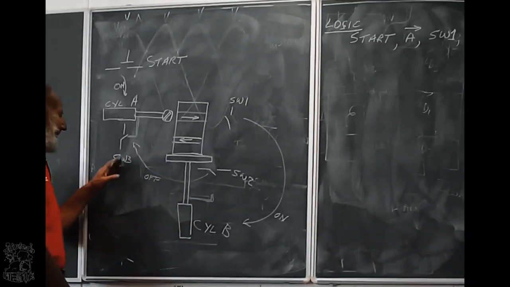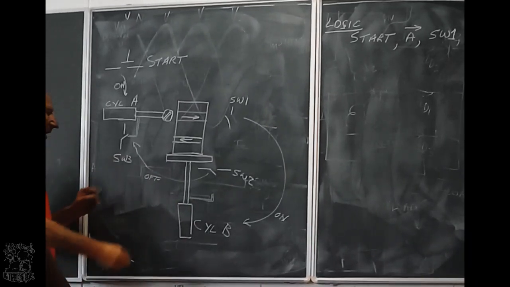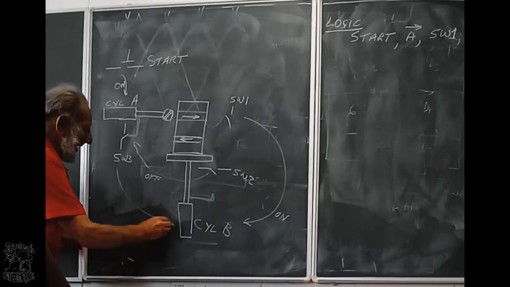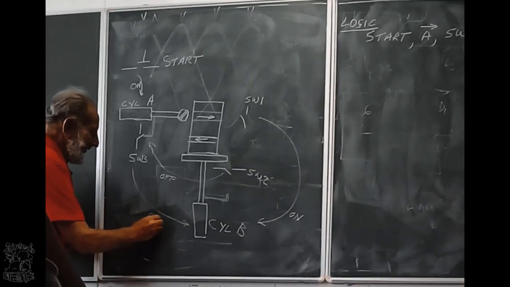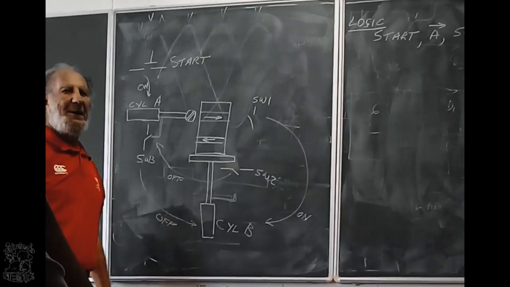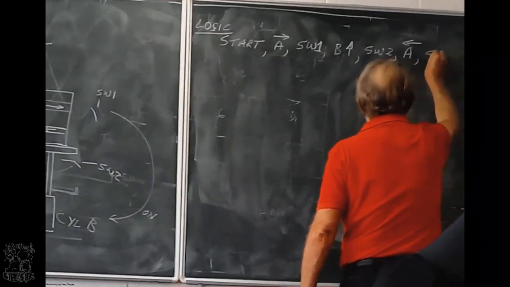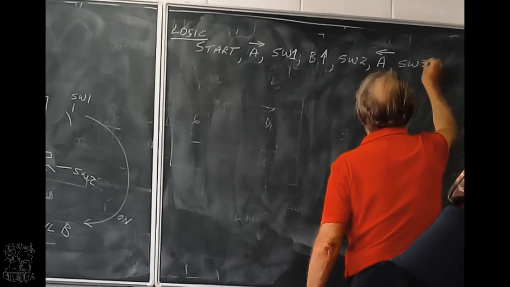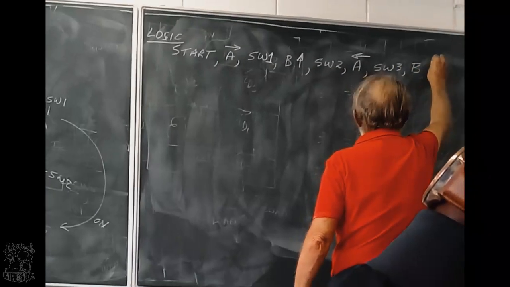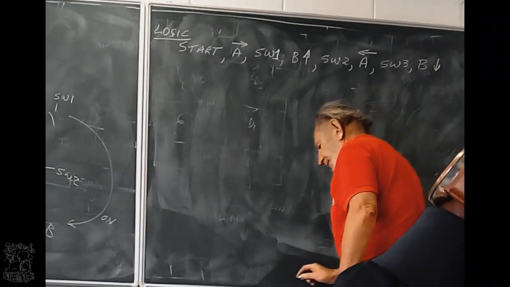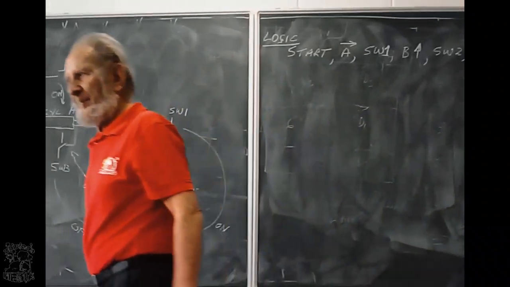And when it comes back, it touches switch 3. And switch 3 must put the power off cylinder B. So it will touch switch 3, and then B comes back. Okay?